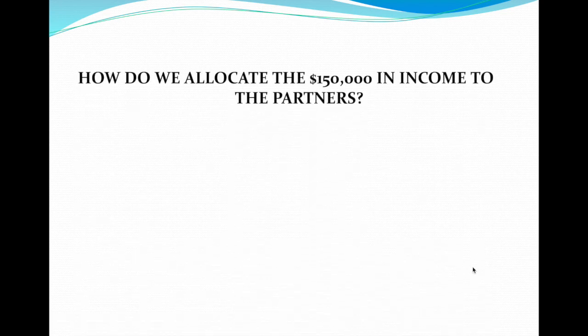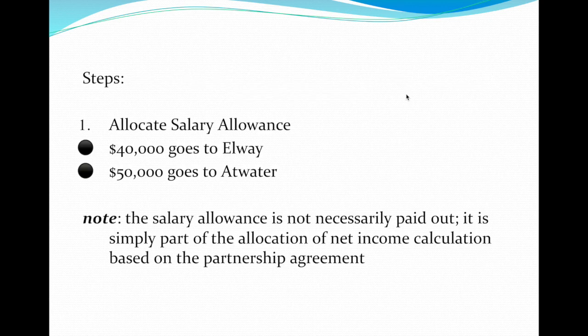So how do we allocate the $150,000 in income to the partners? There are several steps involved in doing this. The first is to allocate salary allowance. So we do that first, and we've already established that $40,000 goes to Elway and $50,000 goes to Atwater. So before we do anything, we need to take note of this.